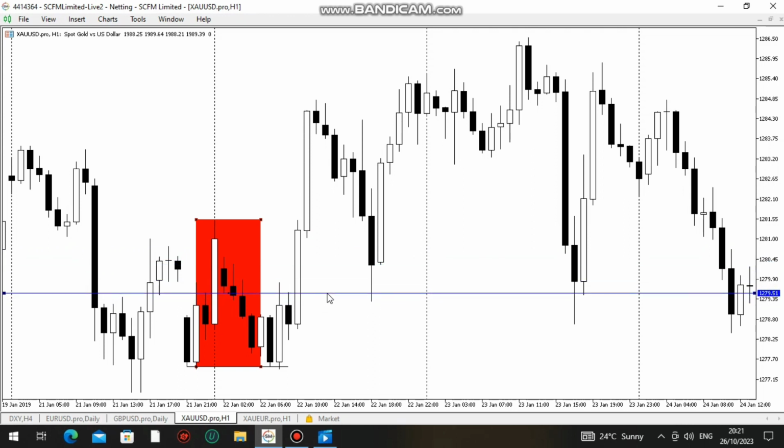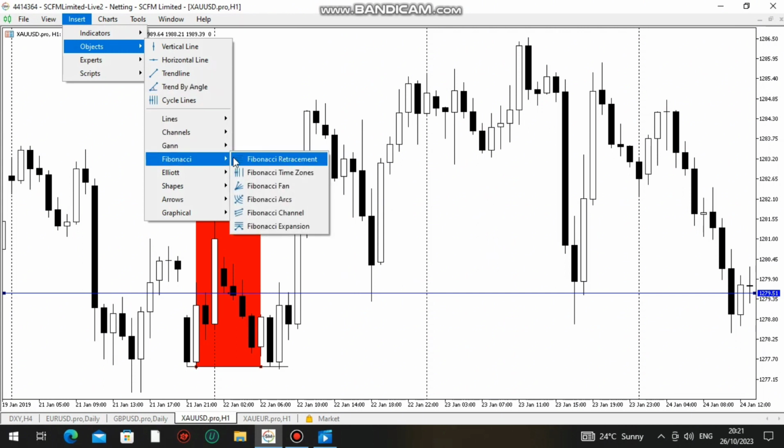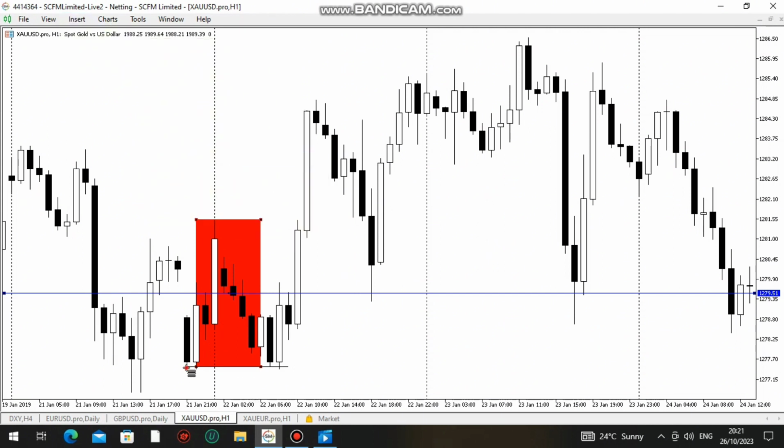If you can see it, it's over here. So it's the 50%. You can as well use the Fibonacci tool to estimate the 50% level. If you draw it from the bottom to the top, you can see that the blue line hits the 50% main threshold. That is our equilibrium in this breaker block.